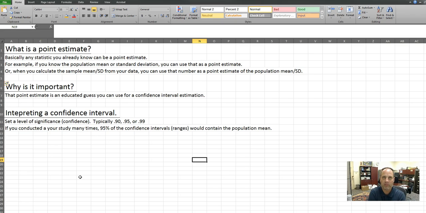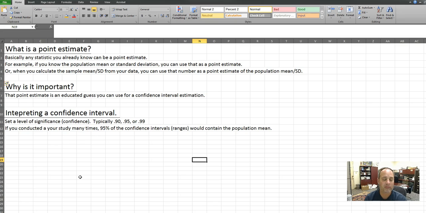So I mentioned previously last week the confidence interval and the mean. You can do it through the Data Analysis ToolPak just by checking that box. However, when things get a little more complicated in terms of estimating information in regards to the population, we get into this concept of a point estimate.